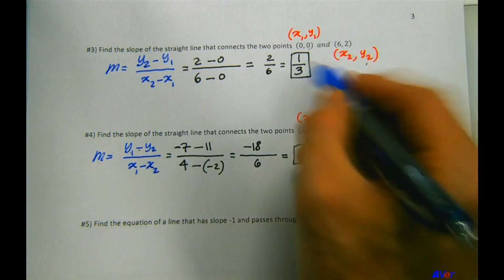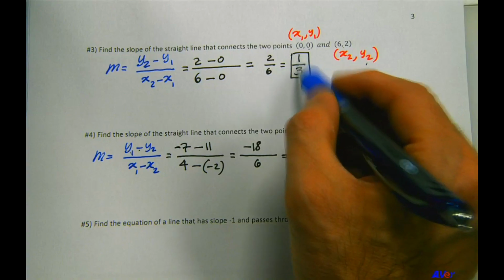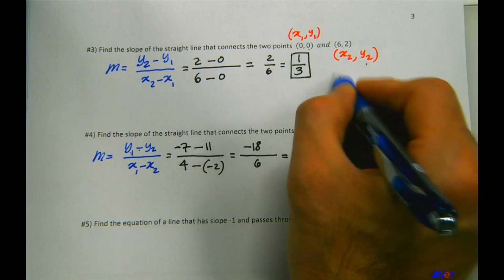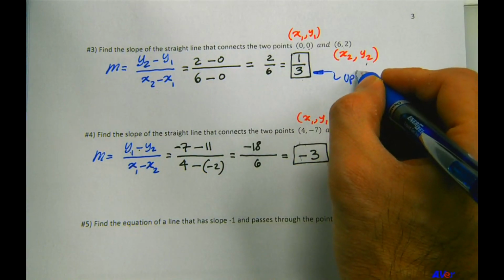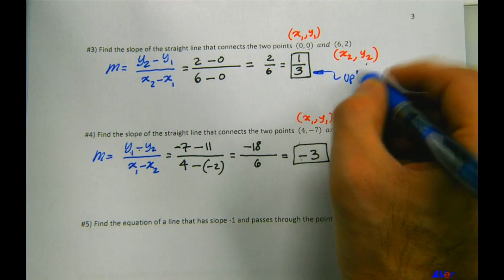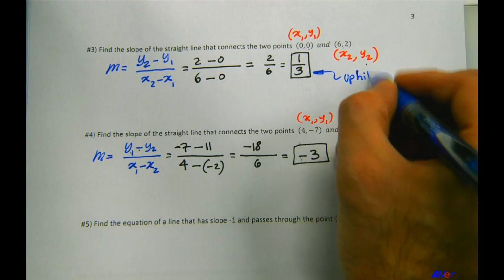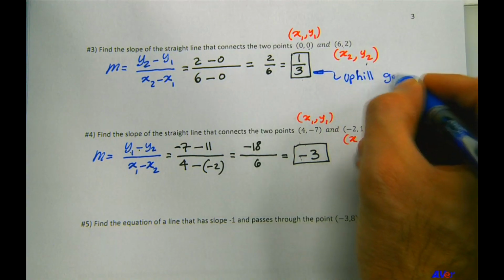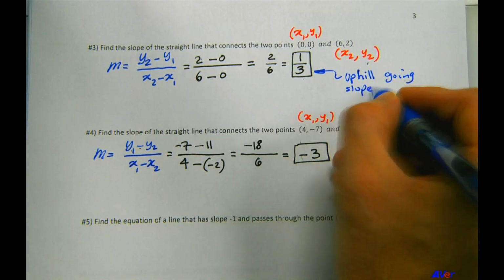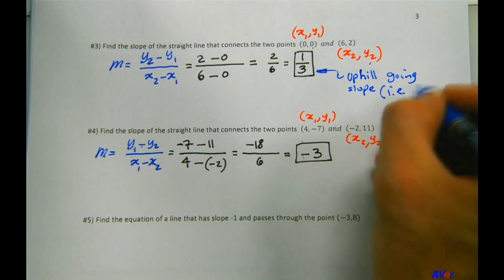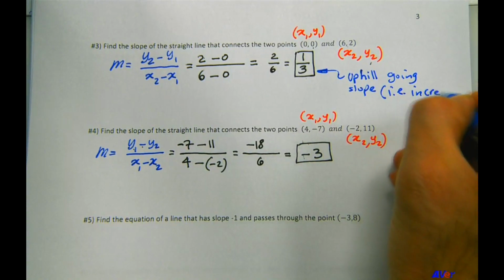We can say that this line, because it has a positive slope, is an uphill going line, or i.e. an increasing slope.